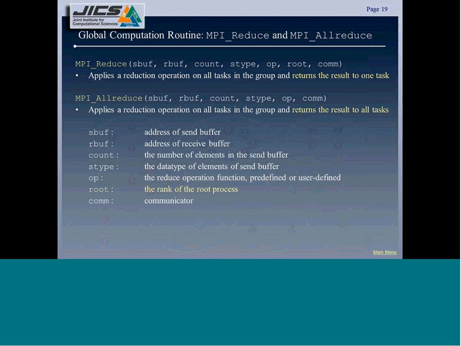For the MPI_Reduce operation you must specify the root process, because MPI_Reduce will deliver the result to only one task, the root task that is specified. MPI_Allreduce doesn't need that, because once the result is computed, it is returned to all of the tasks. So no root process is necessary. I highlighted it: that only applies to MPI_Reduce.